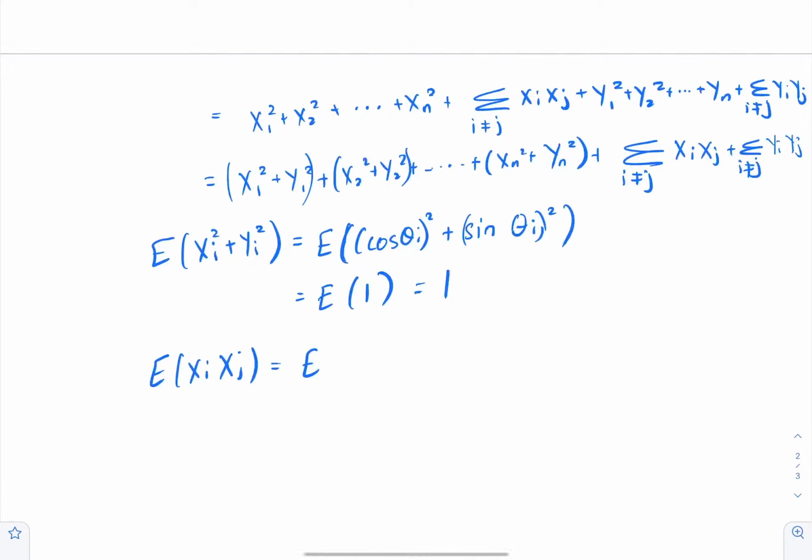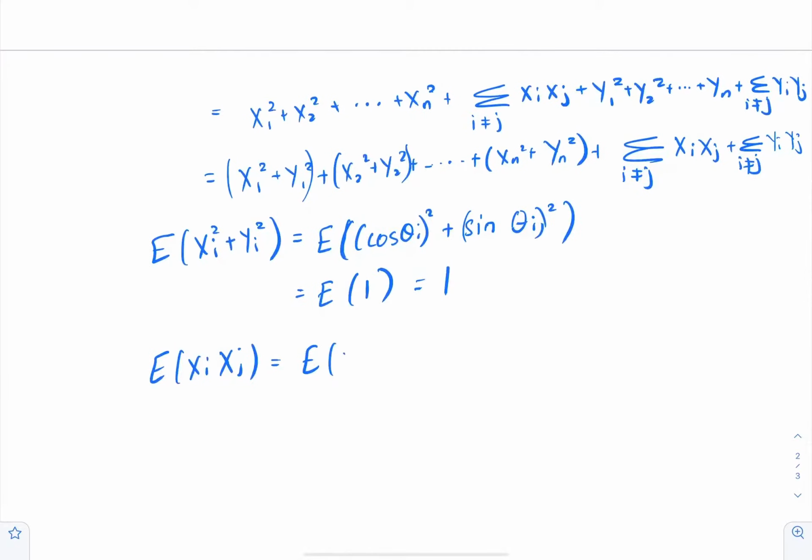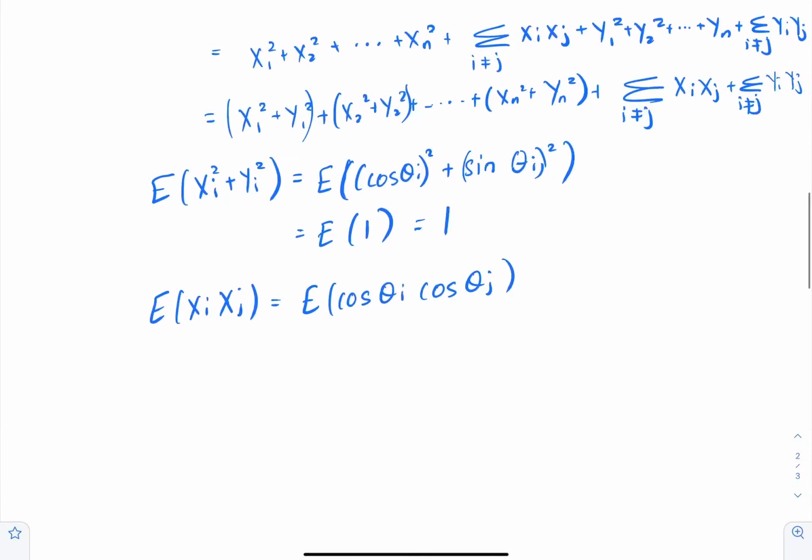By independence, what do you have? xi is cosine theta i, xj is cosine theta j. Now, if i is not equal to j, theta i and theta j are independent, so this expectation by independence will be the product of the expectations. We've seen that.